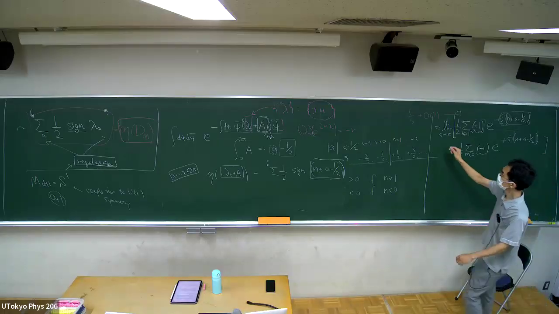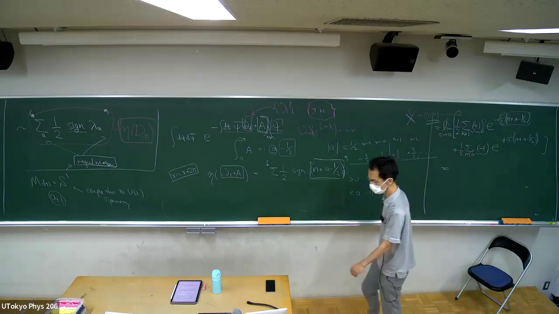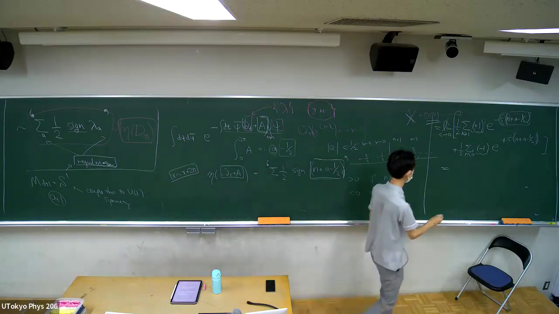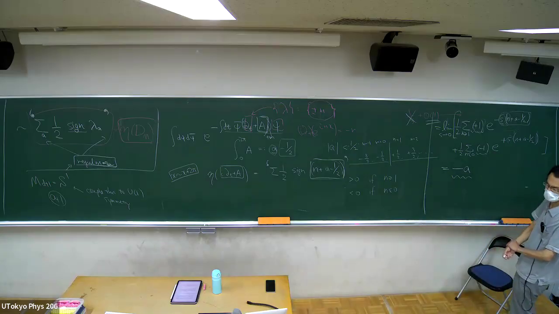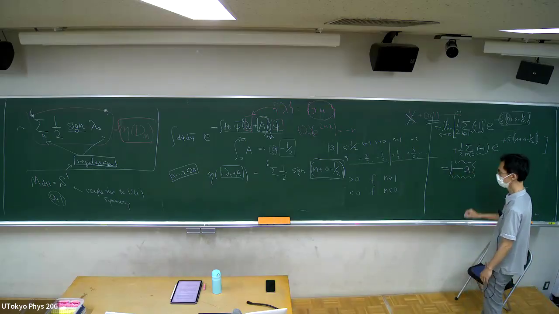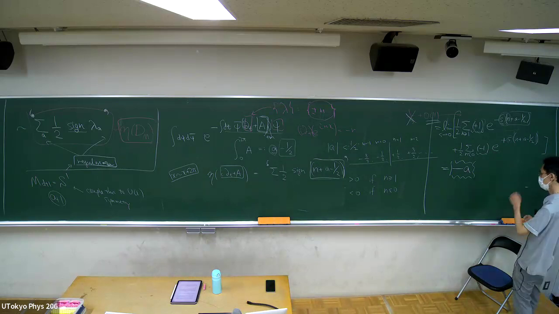So the leading contribution vanishes, and you just get the finite contribution, which turns out to be minus A. So it's a complicated computation to get a very simple answer, but I just wanted to tell you that this is computable.